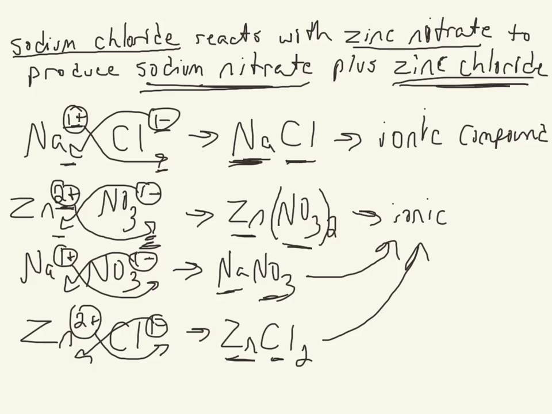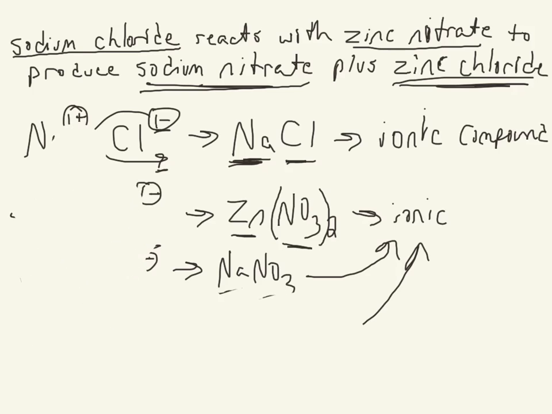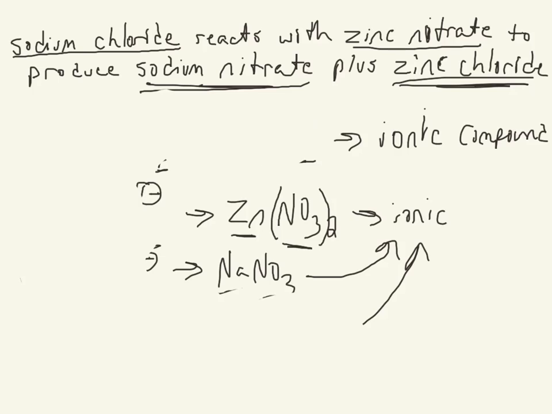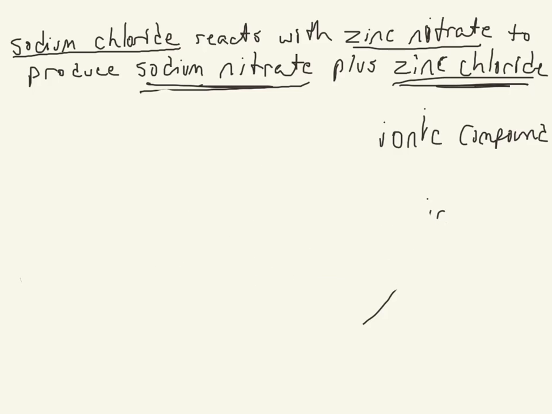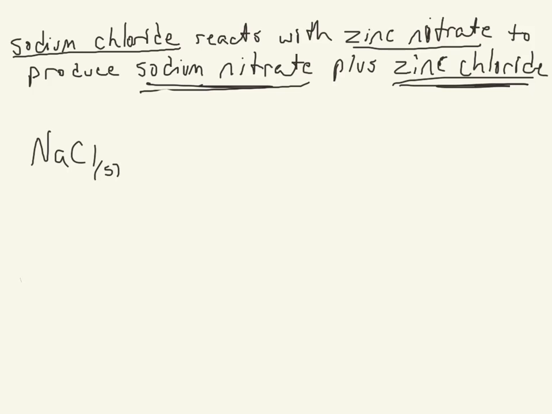Now we need to take these formulas and write them out in an actual equation. We get sodium chloride, so what we previously wrote, NaCl. Sodium chloride is an ionic compound. We know from the properties of ionic compounds that they exist as solids for the most part.